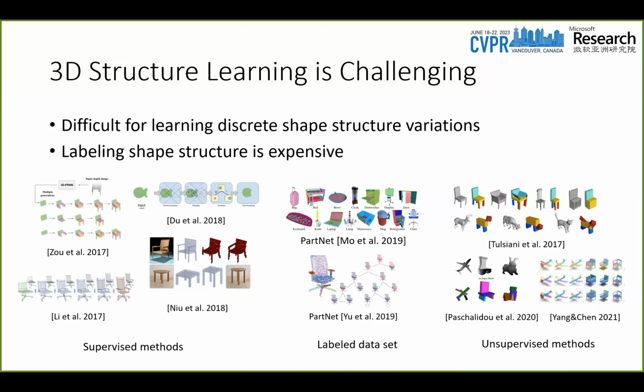In the past years, researchers in the vision and graphics fields have taken great efforts to enlarge the labeled dataset and develop supervised and unsupervised methods for modeling and learning 3D structures, which greatly advanced this field.